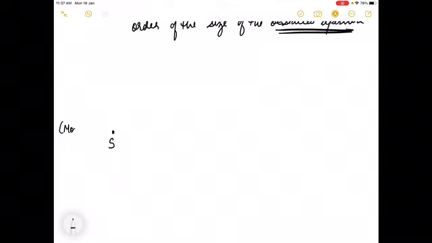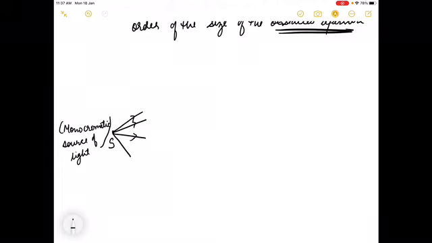Okay, obviously from a monochromatic source of light, the rays will go in all the possible directions, right?